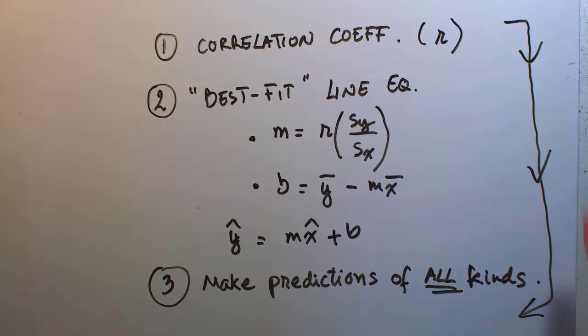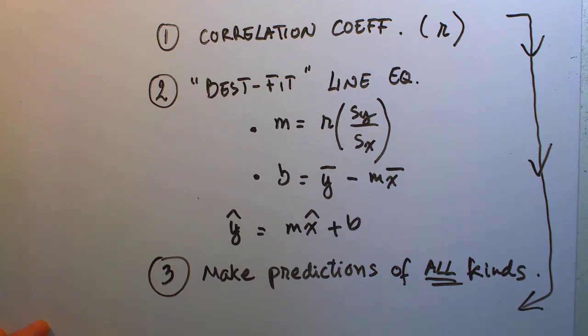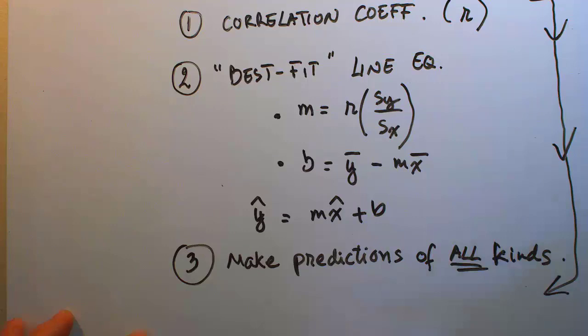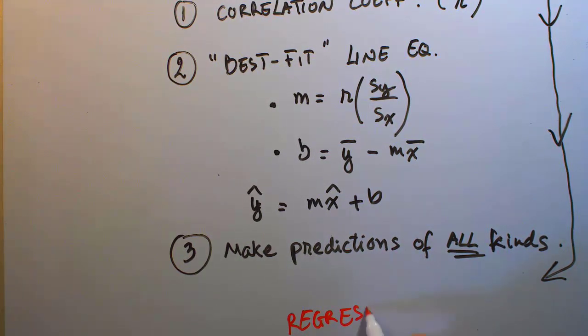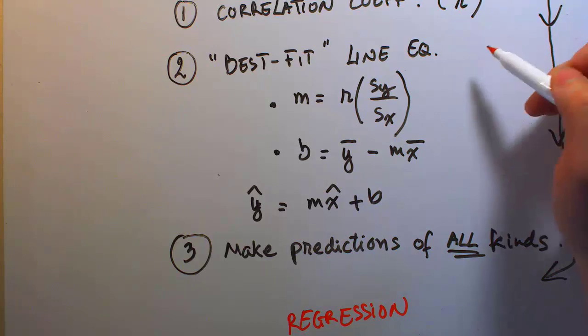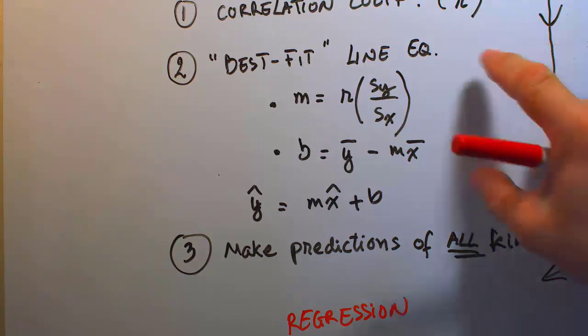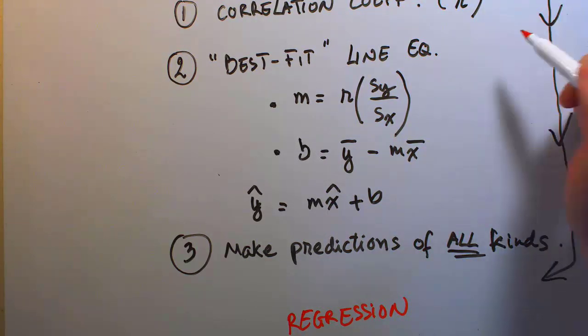A process like that is formally called regression. Being able to come up with an equation to make predictions is called a regression.